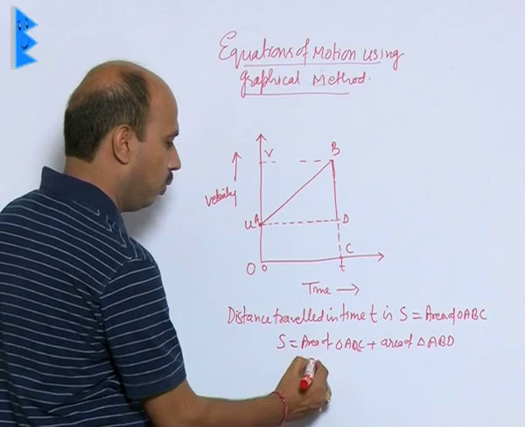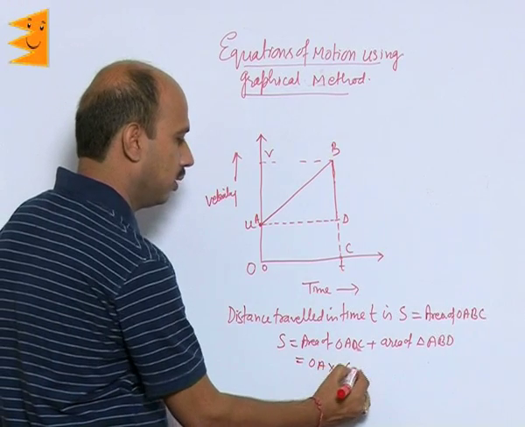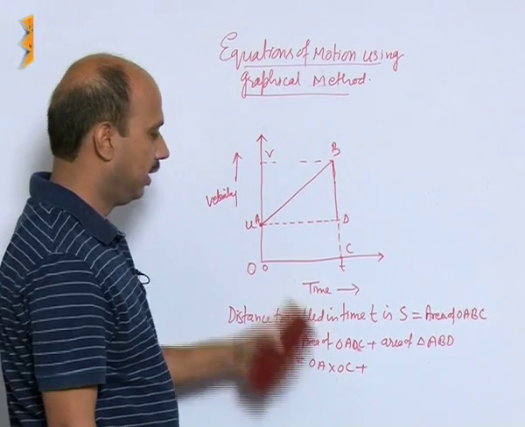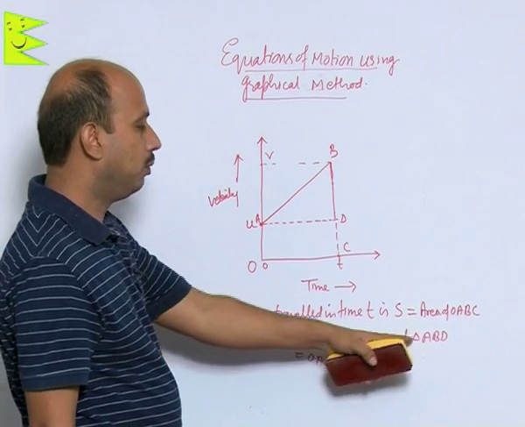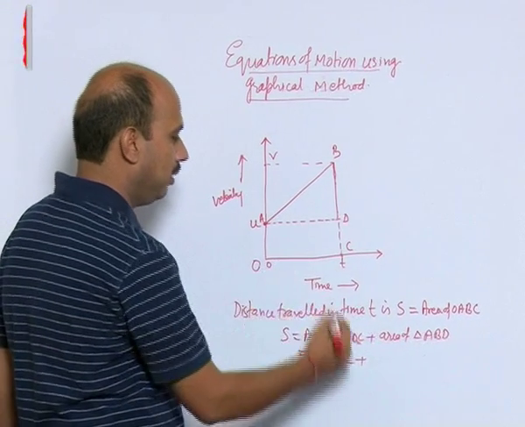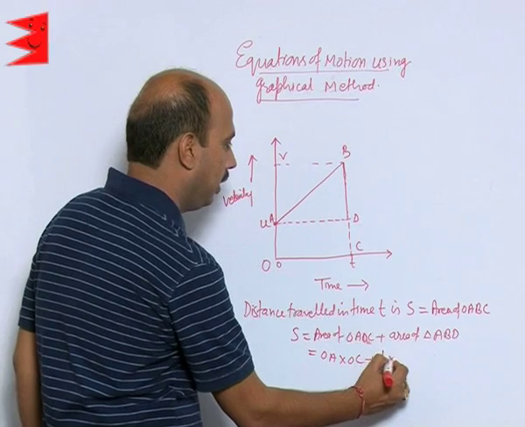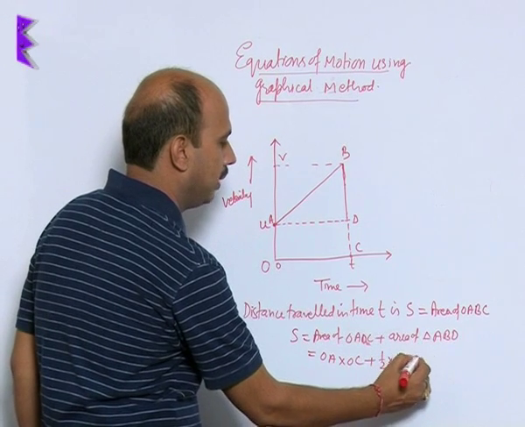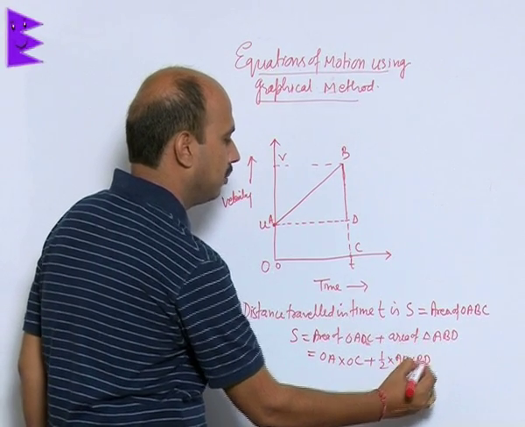That is OA into OC plus half into AD into BD, base into height simply.